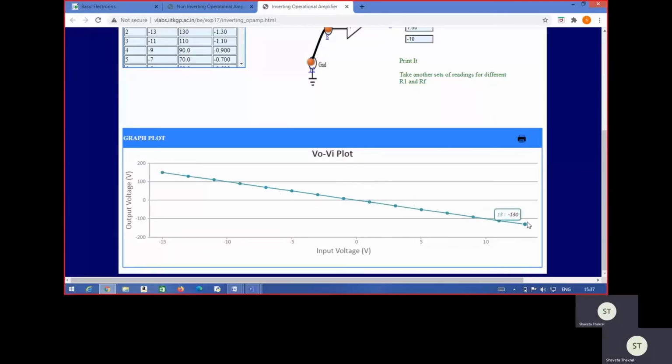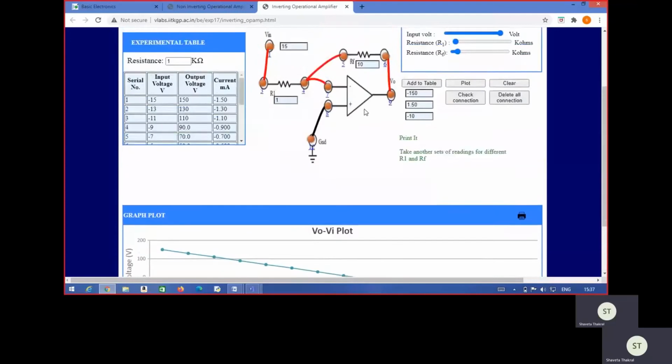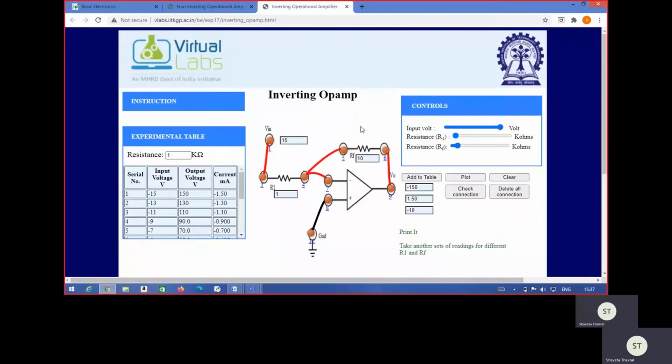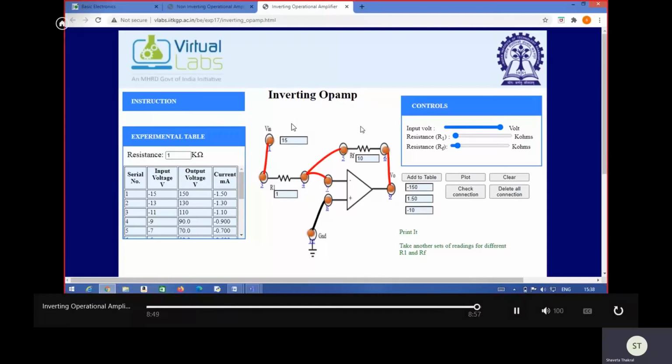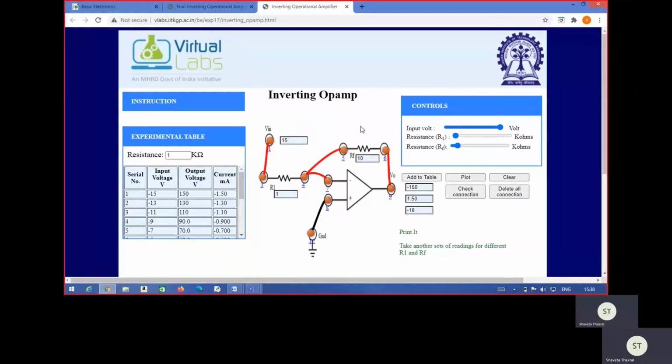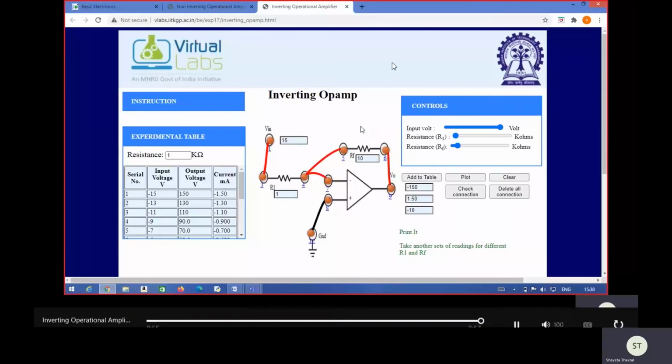So the value of output voltage is changing, but it is inverted. So in this way we can say that the signal will be amplified, but with a 180-degree phase reversal. So this is all about the inverting operational amplifier, and similarly we can perform the experiment for the non-inverting operational amplifier. Thank you.